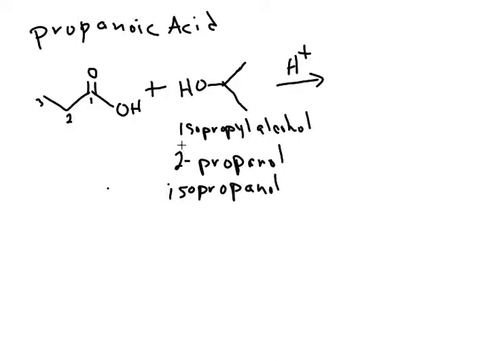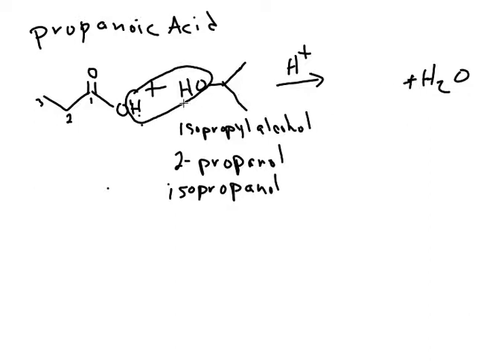When we do the esterification reaction, what's going to happen is that this H that is a part of the carboxylic acid is going to combine with the OH of the alcohol, and we're going to get water.